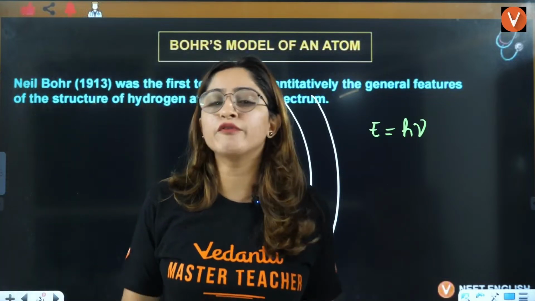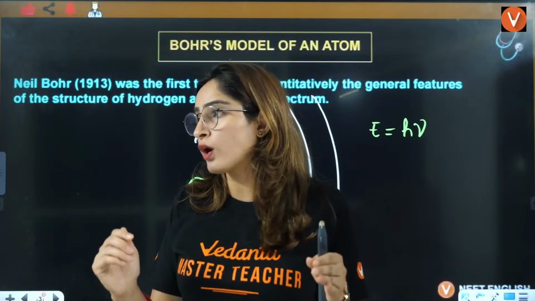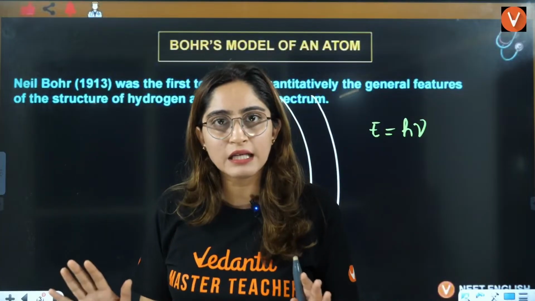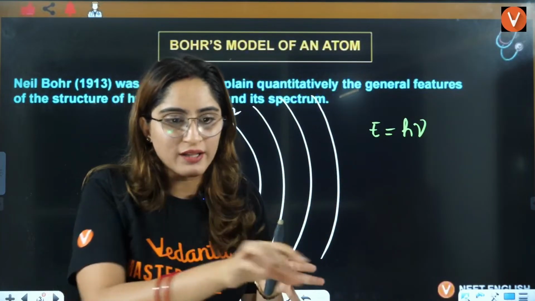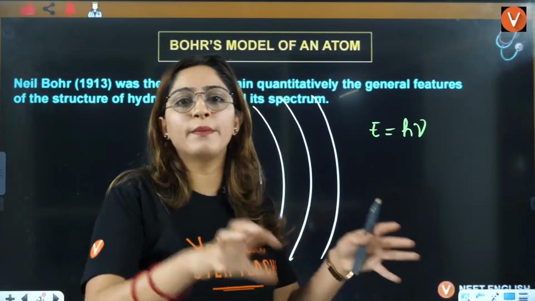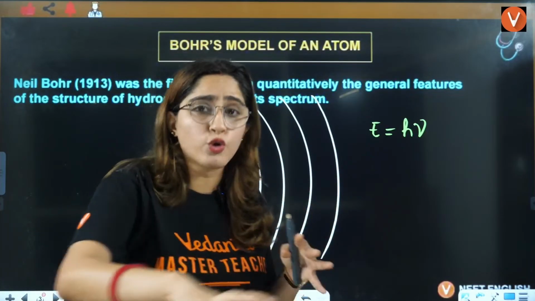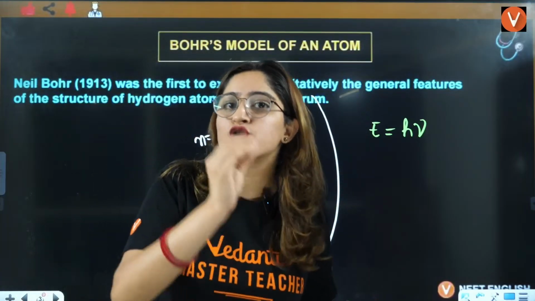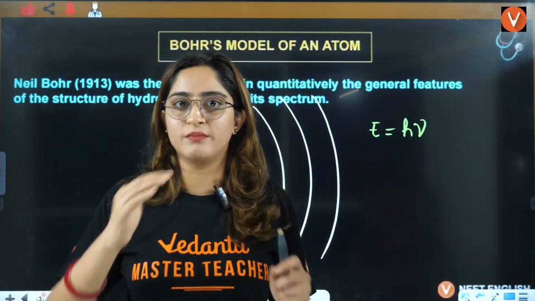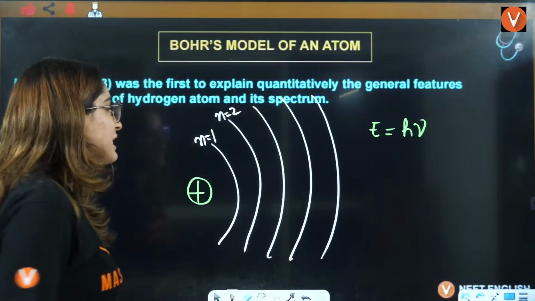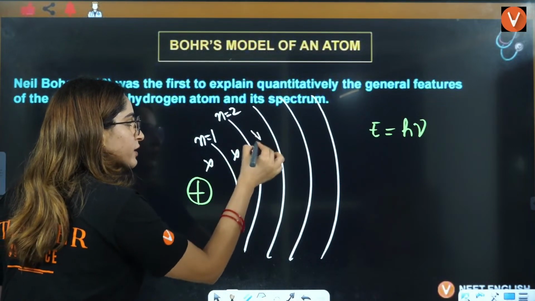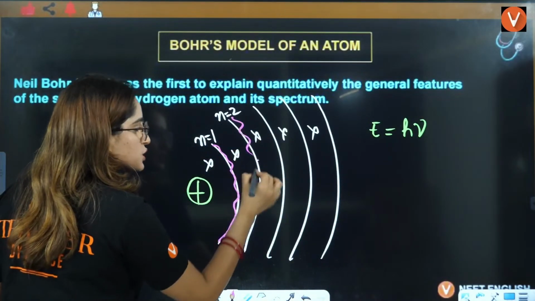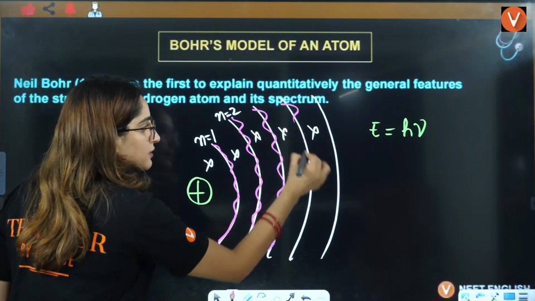It's like we all live in homes, not on roads. The ones living on roads are random. We have discrete homes. This is my house, this area belongs to me, that is your house, this room belongs to me, this chair belongs to me. Similarly, electrons have their discrete orbits in which they revolve. An electron cannot revolve here, but yes, it can revolve in this particular area, and this, and this.